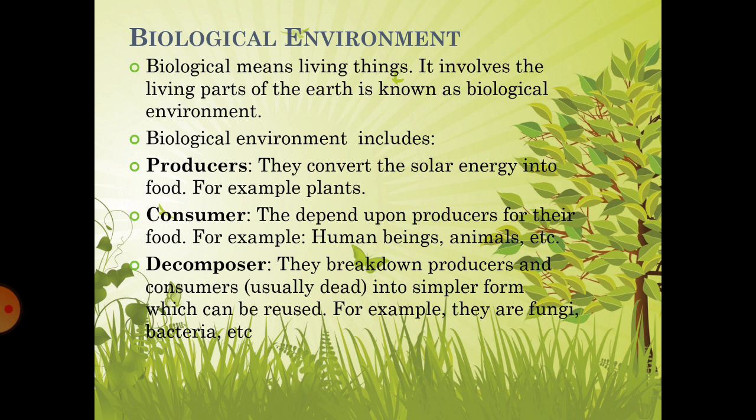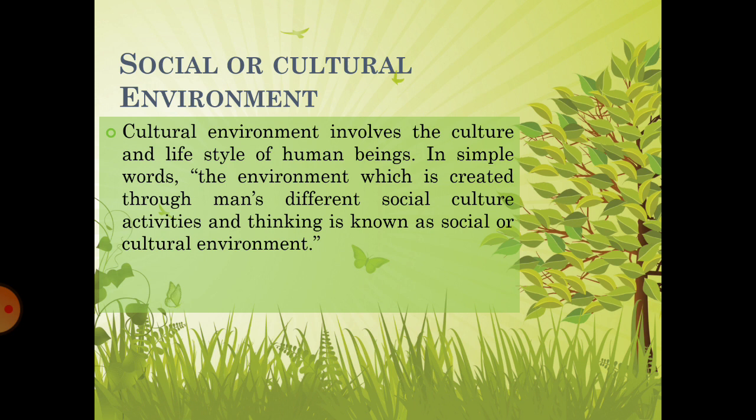Consumers depend upon producers for their food, for example, we human beings and animals. Decomposers break down producers and consumers into simpler form which can be reused, for example, fungi and bacteria.